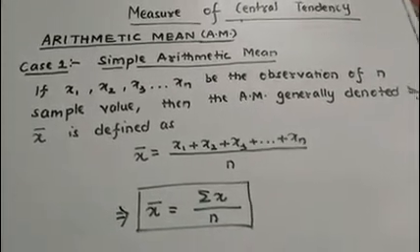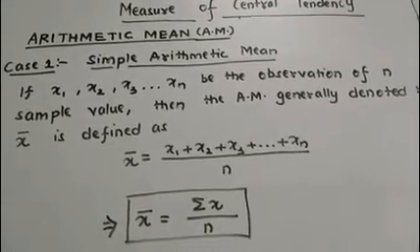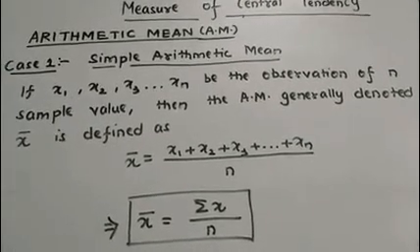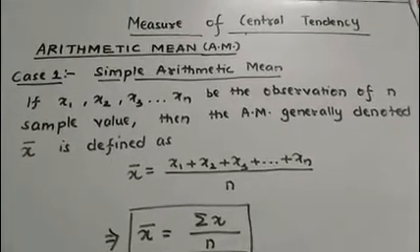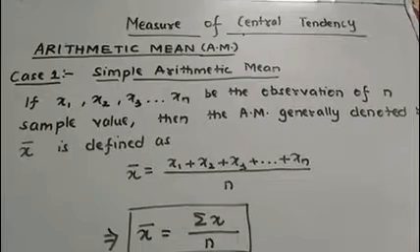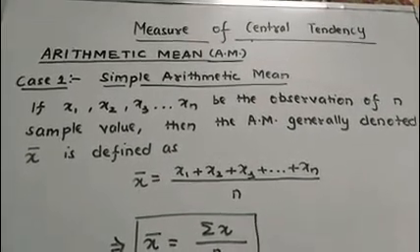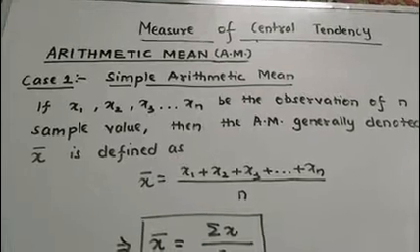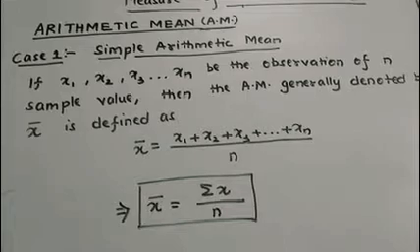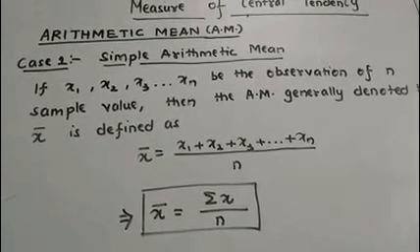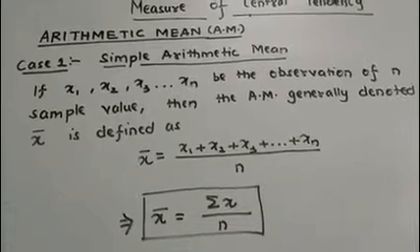So case one, simple arithmetic mean, is defined like this: if x1, x2, x3 up to xn are the observations of n sample values, then the arithmetic mean, which is generally denoted by x bar, is defined as x bar equals the summation of all the observation data, that is x1 plus x2 plus x3 up to xn, divided by the number of observations.